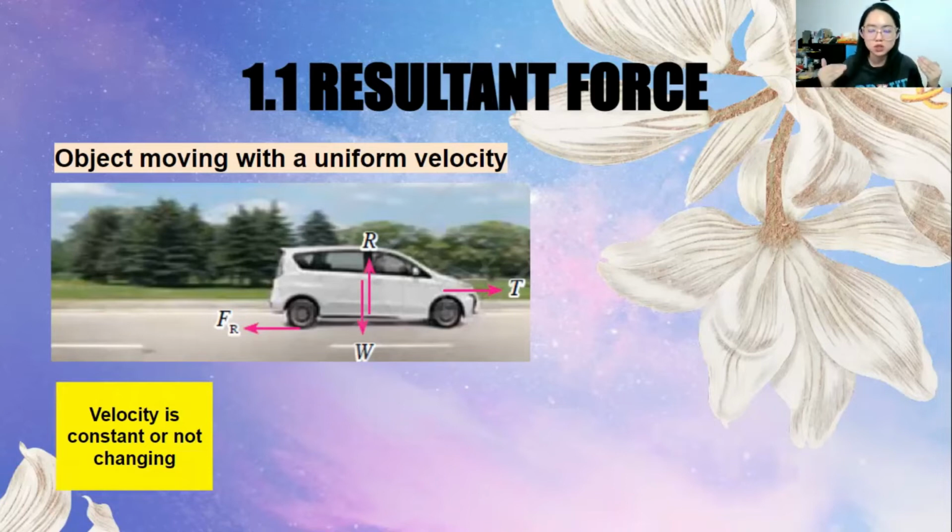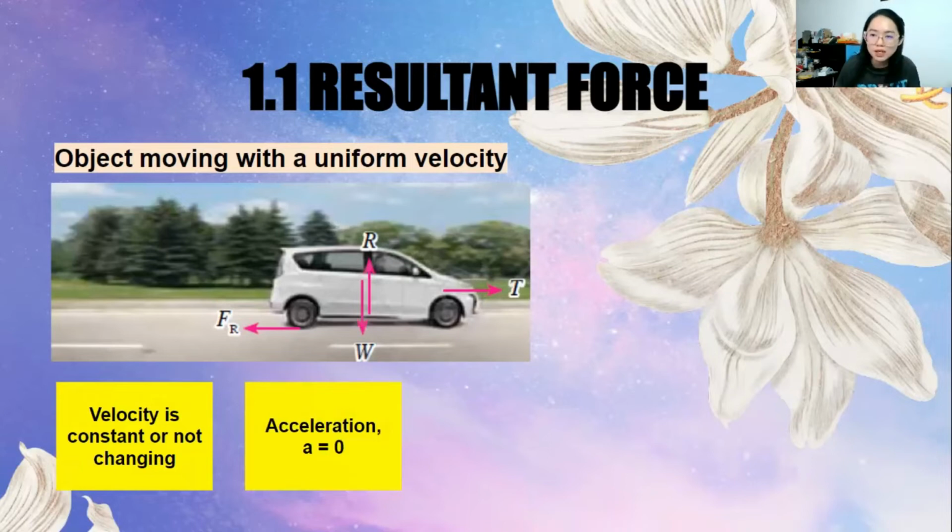When the velocity is not changing, there is no increasing or decreasing of the velocity, which means your acceleration is equal to 0. When your acceleration is 0, according to Newton's second law, F equals ma, your resultant force will also become 0, because you substitute 0 inside it. So now, here's the point.